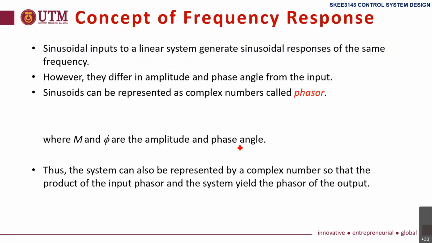Okay, let's start with the concept of frequency response. This is a normal block diagram. We have a system, G(s), and previously we gave a step input to the system.